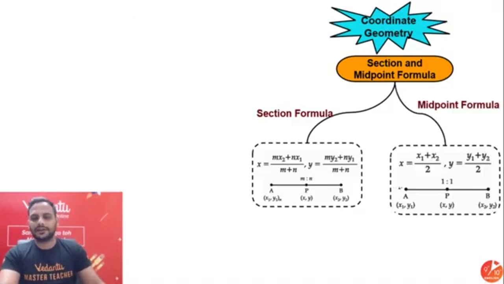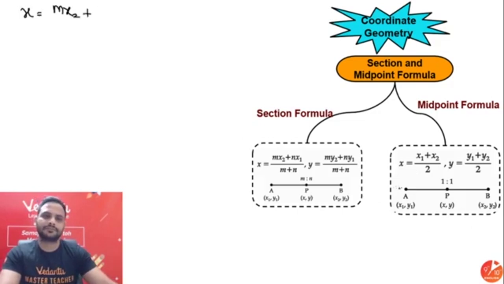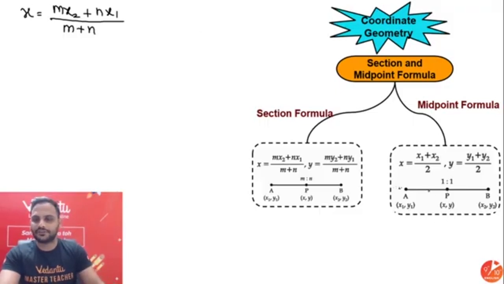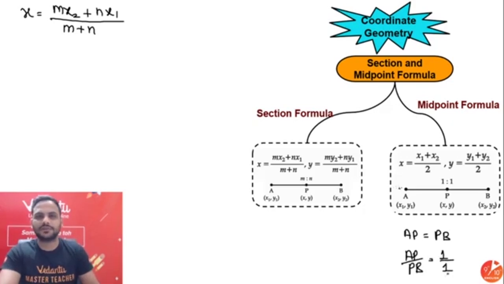Okay? After that, from the same section formula you will get the midpoint formula. In this section formula, suppose P is the midpoint, so I can clearly say AP and PB will be equal. So the ratio of AP upon PB will be 1:1. They both are equal, right?